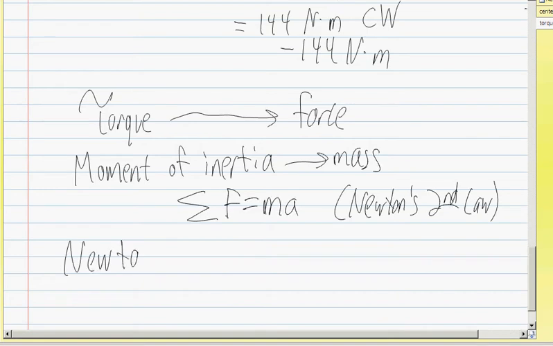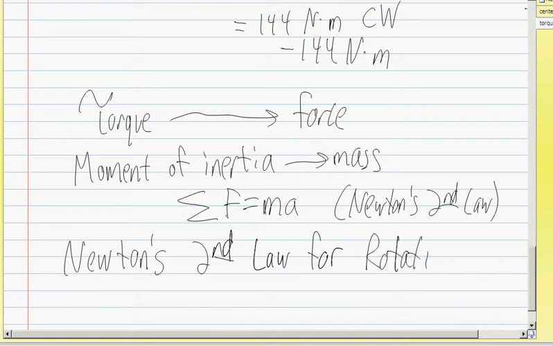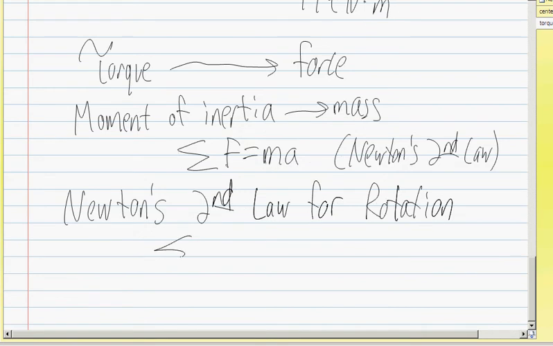Newton's second law for rotation is the same law, but it's going to use all of our new friends, all of our new rotational analogs. So it's going to be the sum of the torques equals I times the angular acceleration.